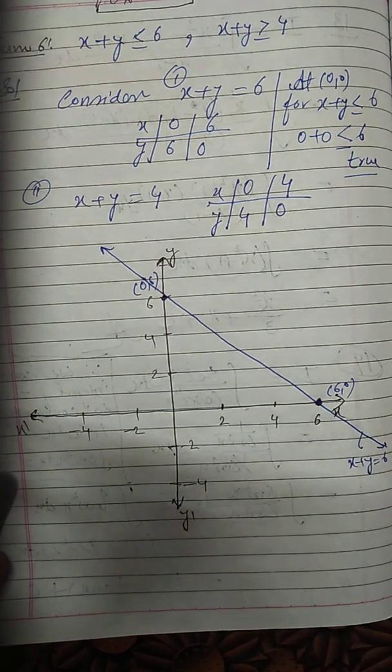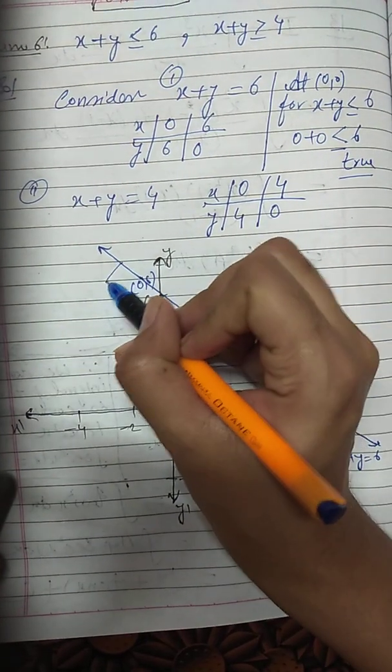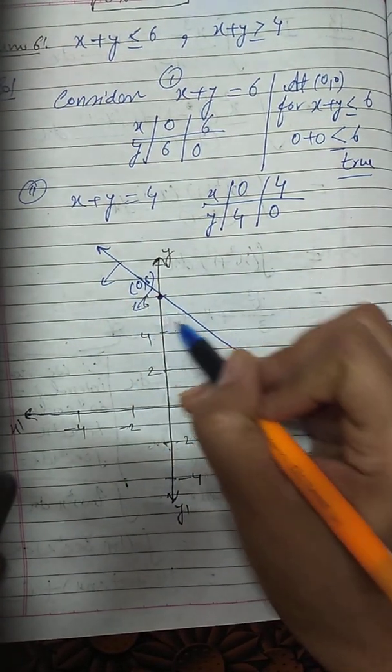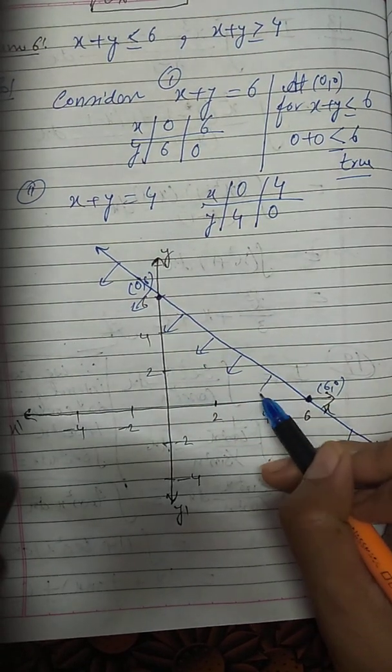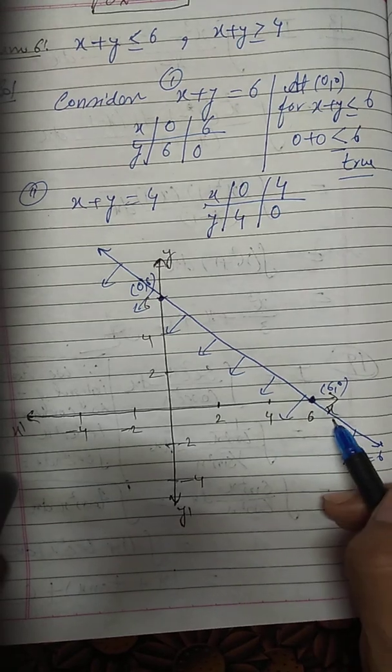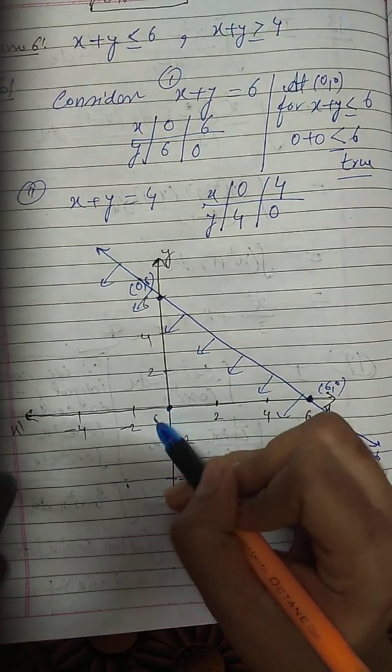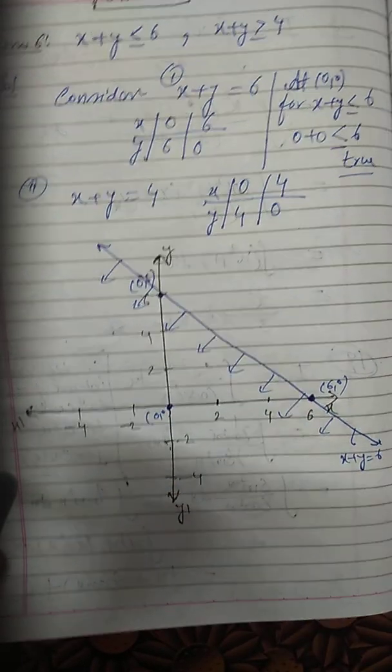That means for this line the solution region will be towards the origin. So the arrows we will draw below the line, that means towards the origin, the 0, 0 point.